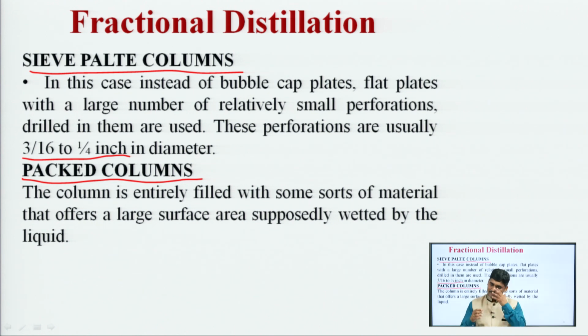That means a rectification column is there, filled with different types of materials. Due to this filling, a large surface area is offered, and this large surface area is wetted by the liquid, and when the vapor passes through it, it takes out the more volatile component.